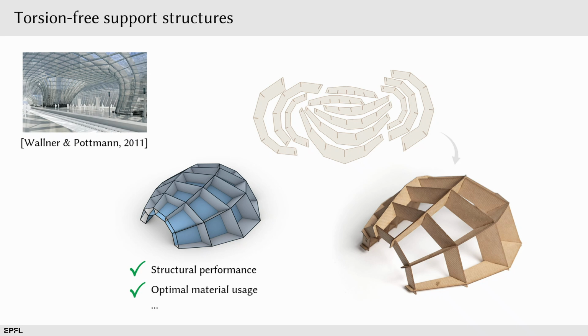If the flat strips nest optimally in the plane and allow fabrication with minimal material waste, that would be another desirable target. So our computational pipeline allows adding any sort of custom objective terms to encode these and possibly other goals.